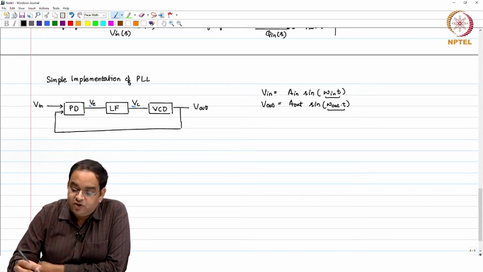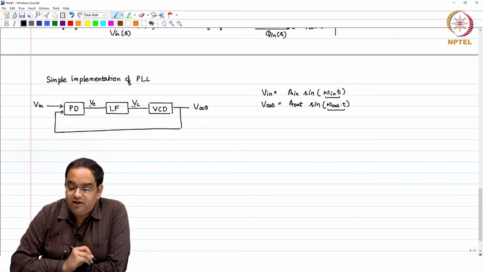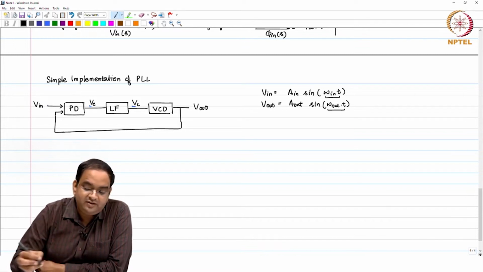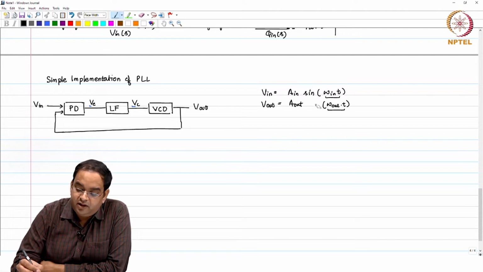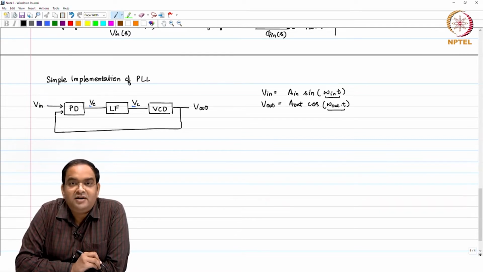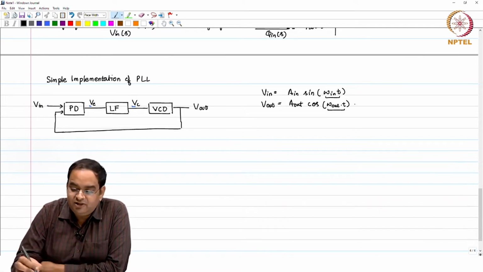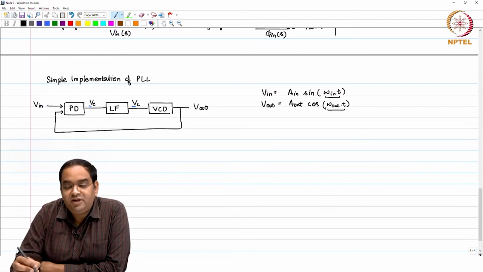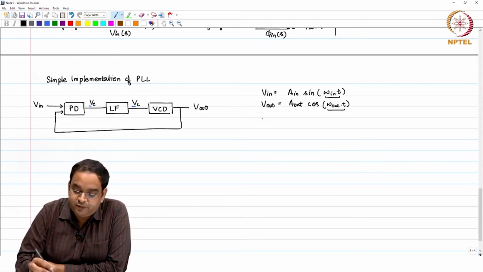Earlier I took A out sine of omega out t, but you can take sine and cosine. If you take cosine, you may recall your trigonometric identity much faster. So, I will just use that, though there is no problem in using sine in both cases.